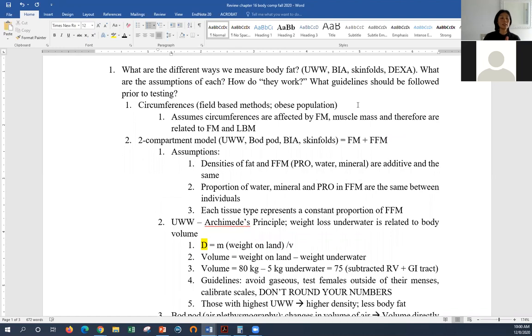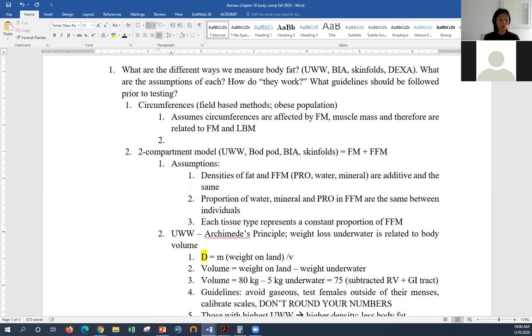So essentially, circumferences can be used to estimate body fat, and they also give you an indication of gynoid versus android obesity.